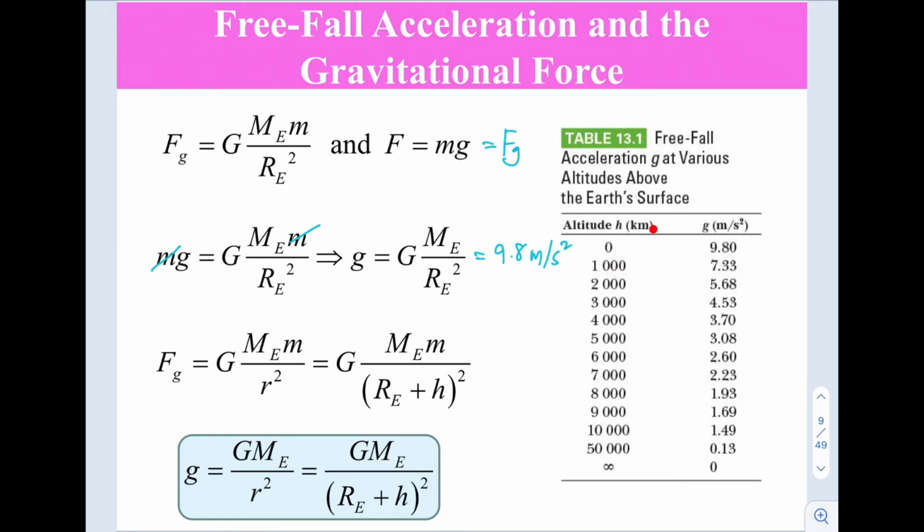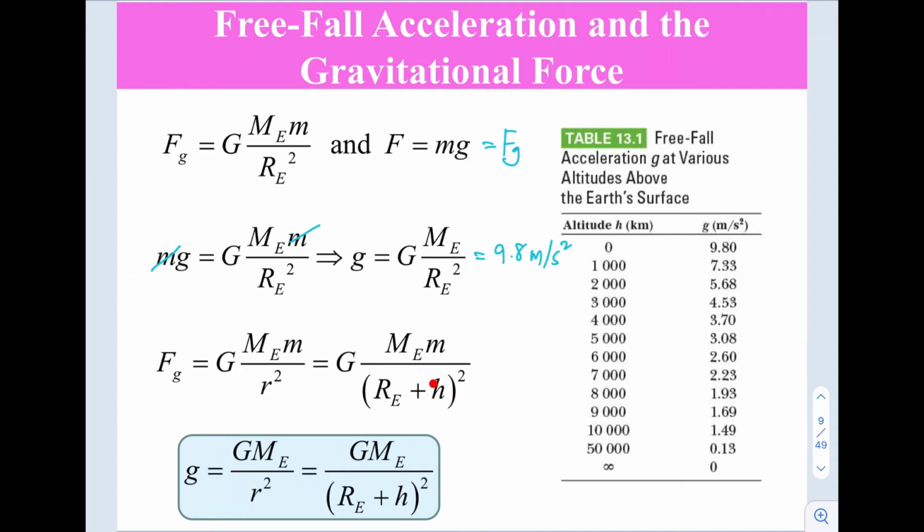As we do have an altitude, for example here 1000 kilometers from the surface of the earth, then g will be reduced from 9.8 to 7.33. Note that 1000 kilometers is not just a few meters, 10 meters, 20 meters, 100 meters, no, it's 1000 kilometers, then g will be reduced to 7.33. Up to when you have 8000 kilometers, then your g will be 1.93.